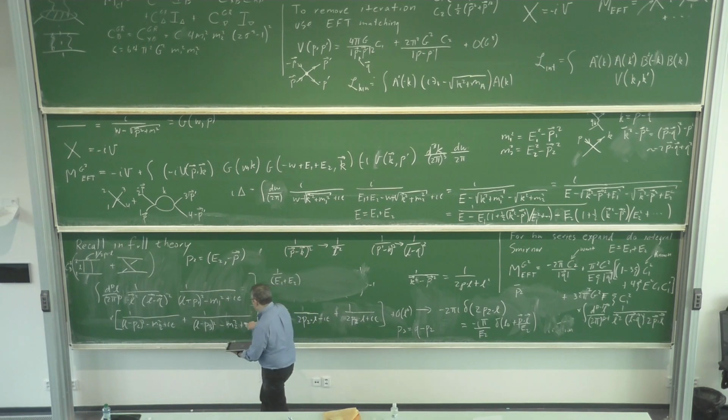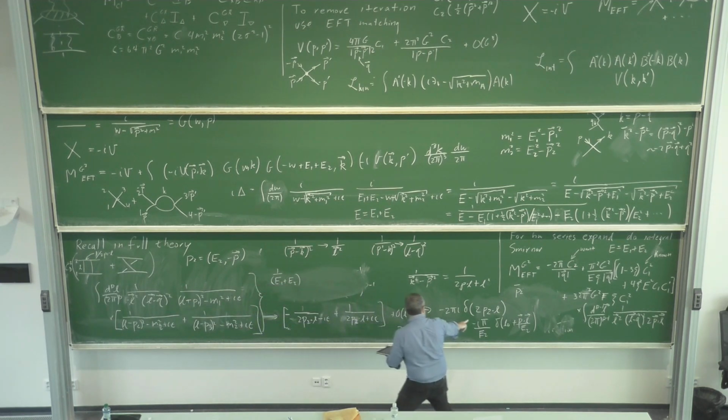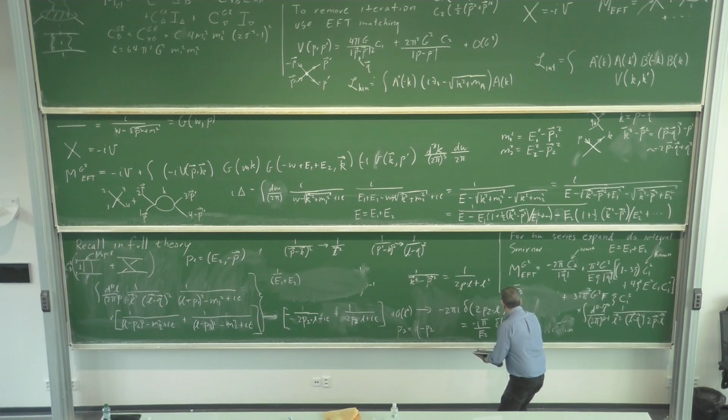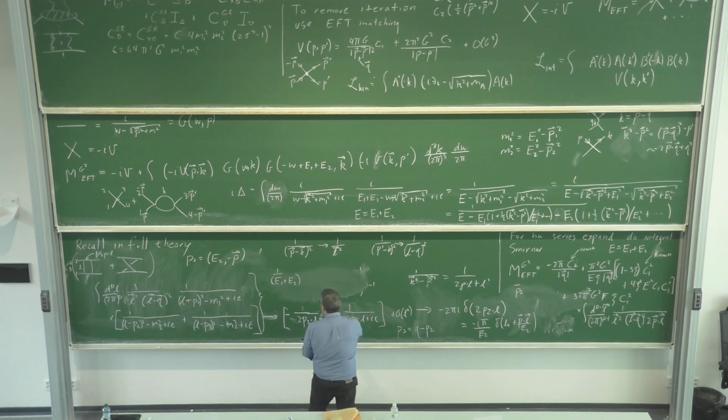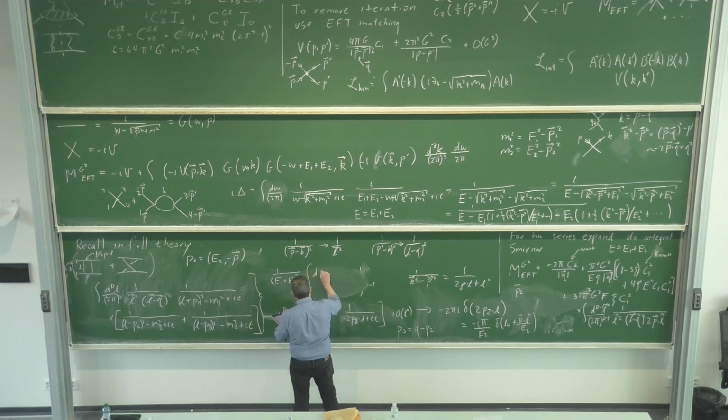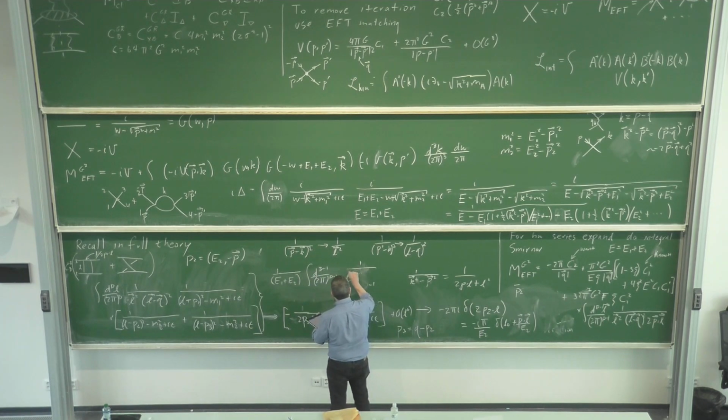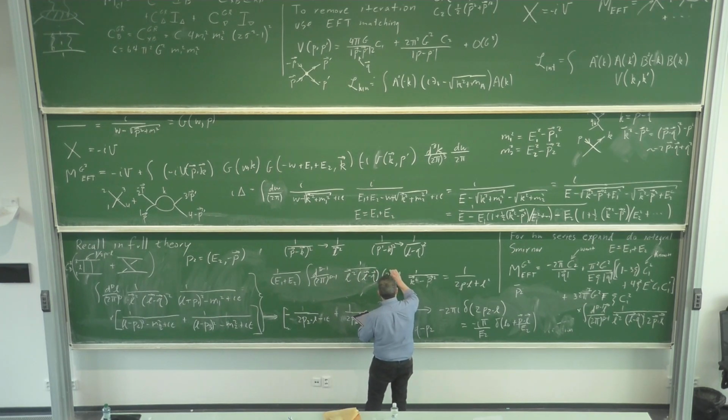This combination comes out just from, you solve the delta function and you plug back in here. You'll get this combination out when you clean it up. And then the integral d minus 1 over 2 pi to the d minus 1, 1 over L squared, L minus Q squared, and then 2p dot L.